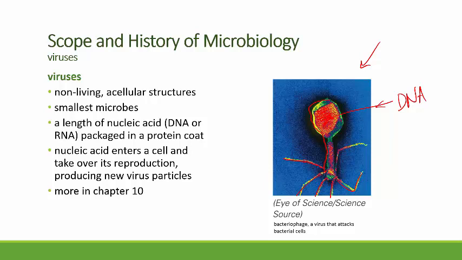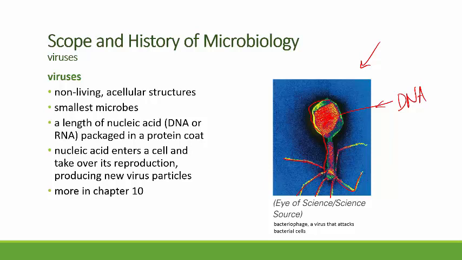The way that viruses work is, as a virus attacks a cell, it injects or somehow gets its nucleic acid into the cell, and then the nucleic acid begins making proteins that will take over the cell's reproductive capacity, and so the cell will then start producing new virus particles. There are two ways that this can go down.